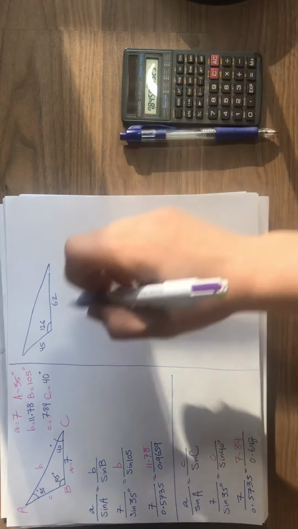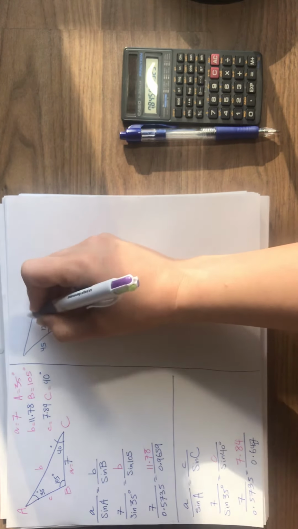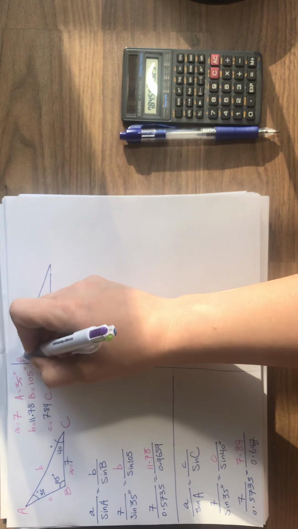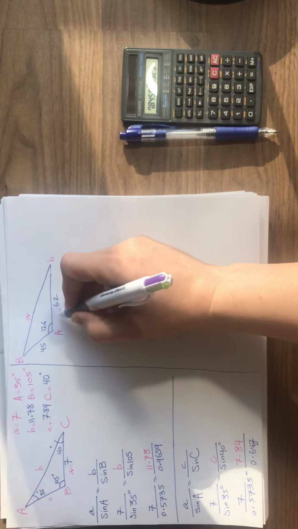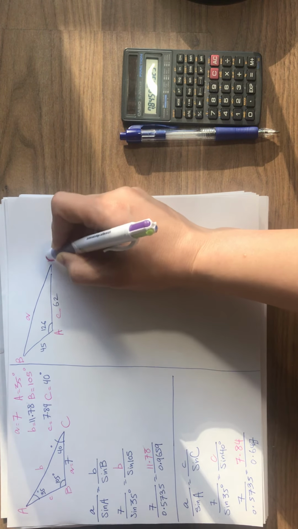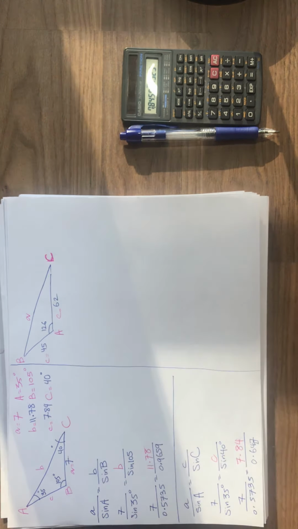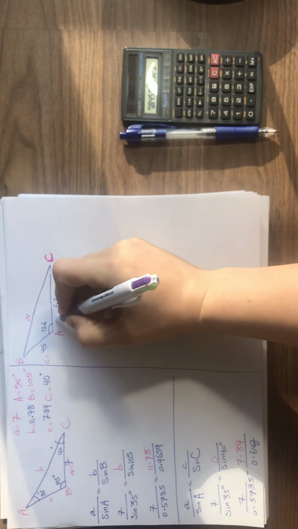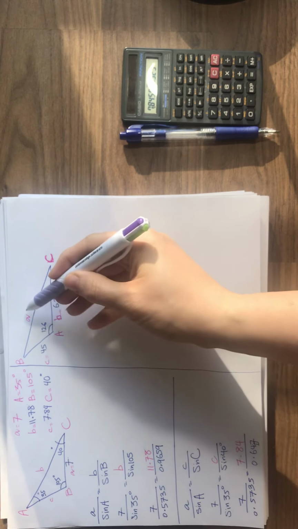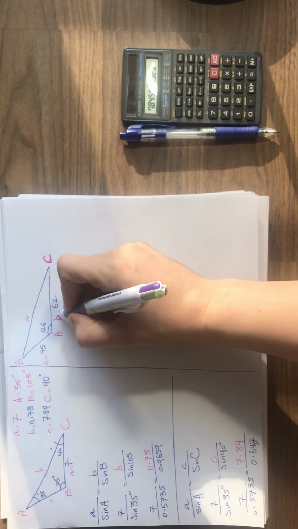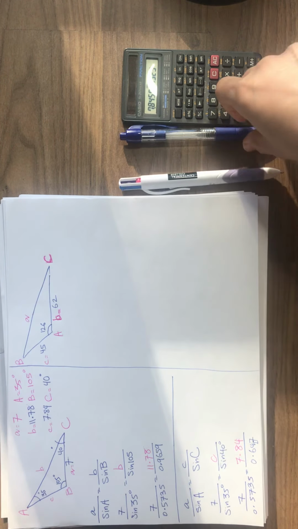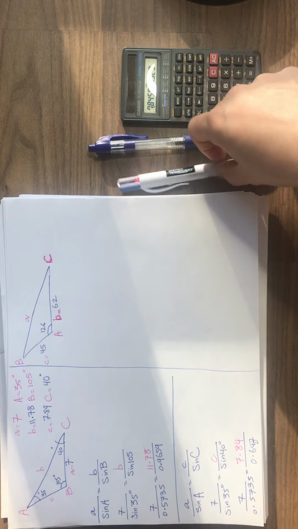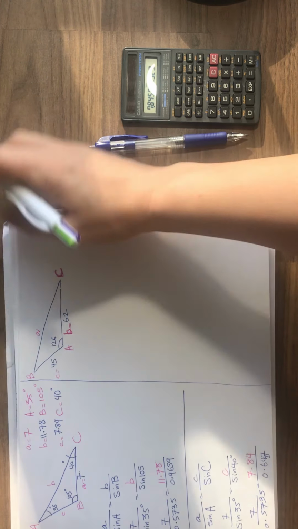We always start with labeling. Capital A, small a. Capital B, small b. Capital C, small c. I'm going to write down the ratio and see which ones I have, which ones I don't have.